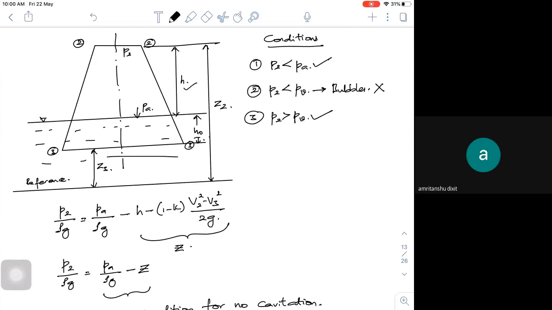When this H is varying, with the friction term (1 minus K) into (V2 square minus V3 square), I need to ensure V3 square should be as low as possible, ideally 0. Then only can I clearly tell that my kinetic energy has been completely absorbed or converted.